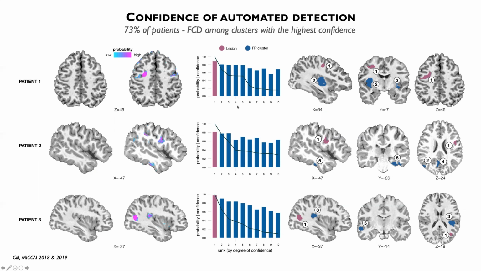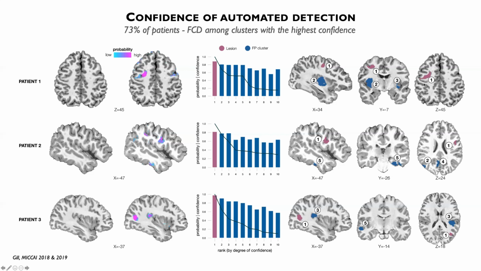The superimposed black line indicates the degree of confidence for each cluster. The lesion has both highest confidence, rank 1, and highest probability. On the other hand, confidence drops significantly for the other candidate clusters. The location of the FCD lesion and false positive clusters is shown on the right panels.